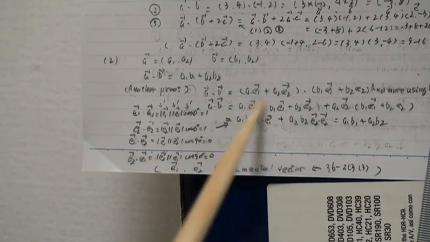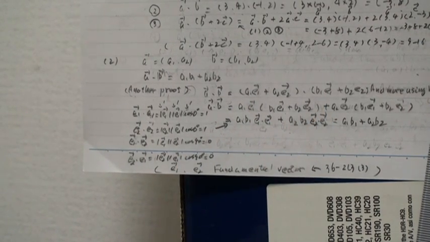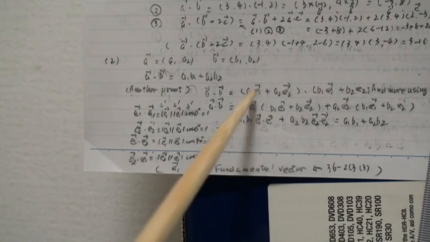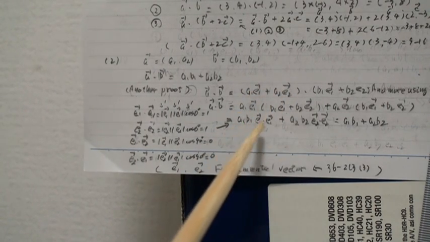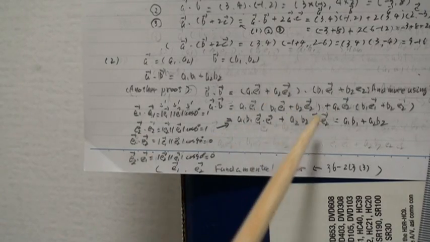And this is e1·e1 equals 1, and e1·e2, e2·e1 equals 0.